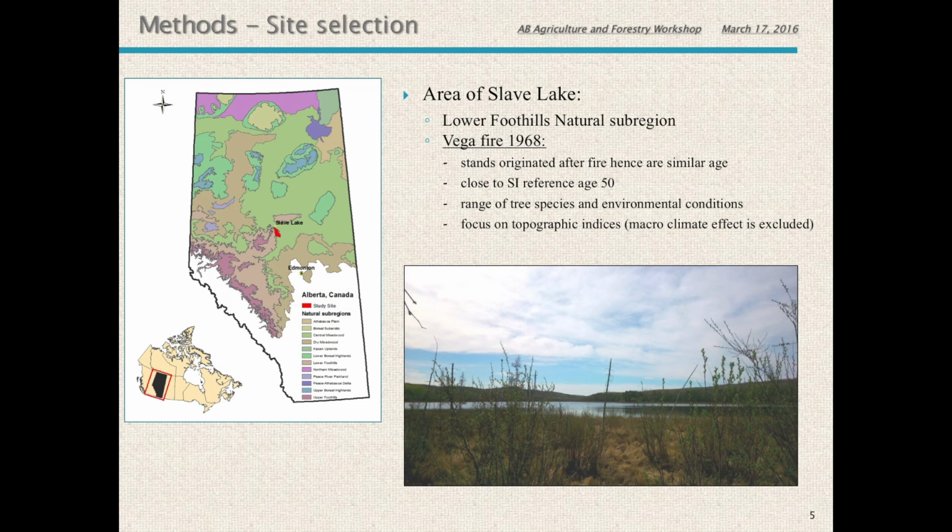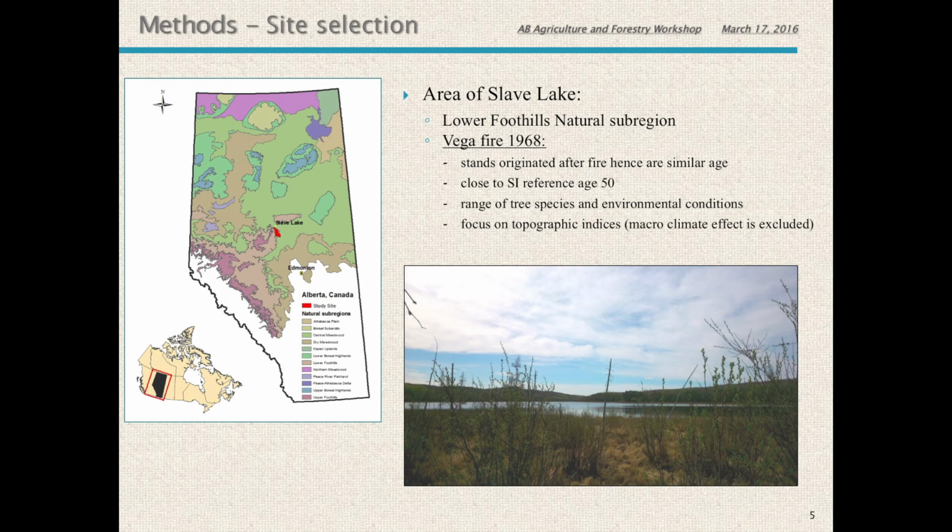So for this study, we selected research site that's in central Alberta, near the town of Slave Lake. It is situated in lower foothills natural subregion in the area of Big Vega fire, which occurred in 1968. Why we selected this location?